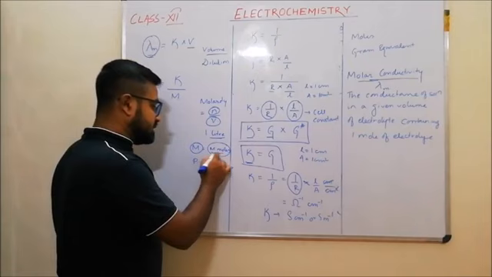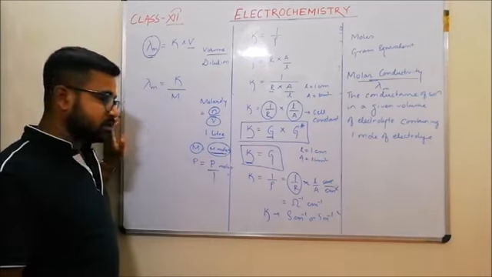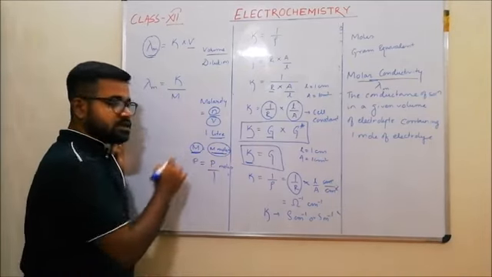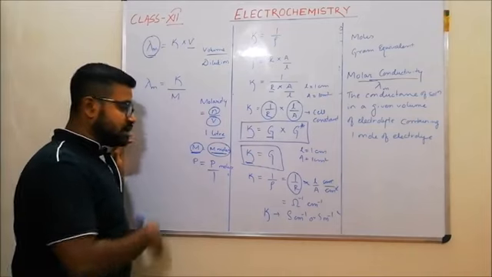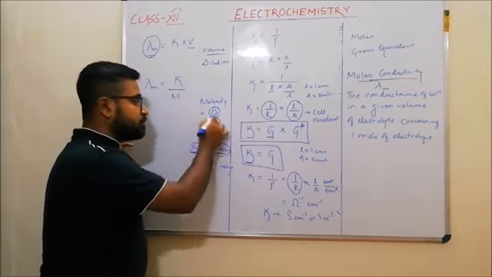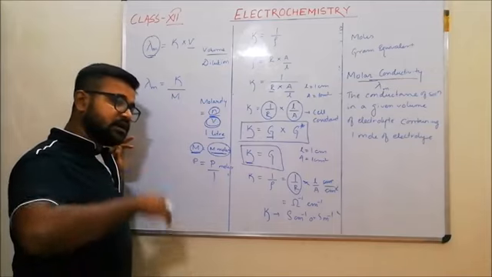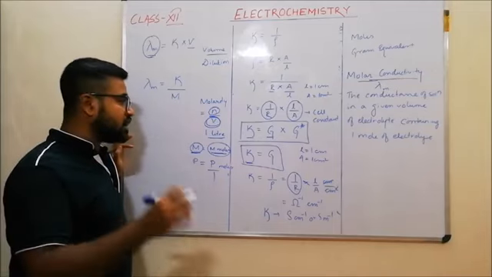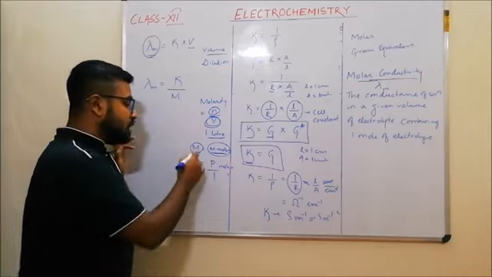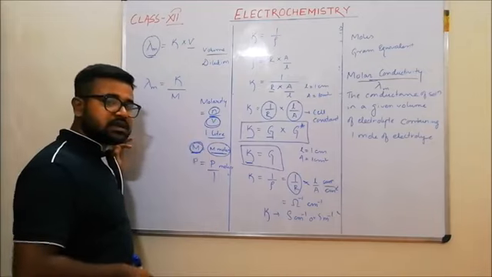When we are increasing the number of moles, what happened? The concentration is increasing. So when the concentration is increasing for a fixed volume, the volume is fixed at 1 liter, or suppose it is 2 liter, but we are increasing the number of moles. What happened? The concentration of the solution is increasing.